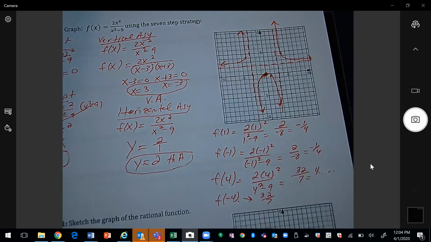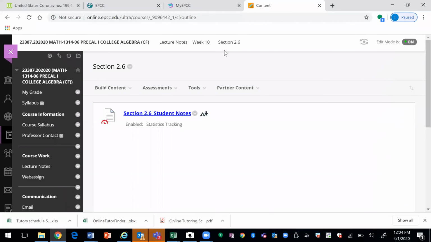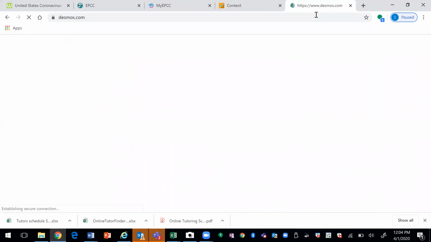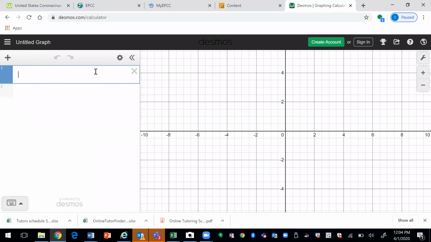Okay. And so basically, if you want to check your graphs, you can always go to desmos.com. And let me just graph it really quick.